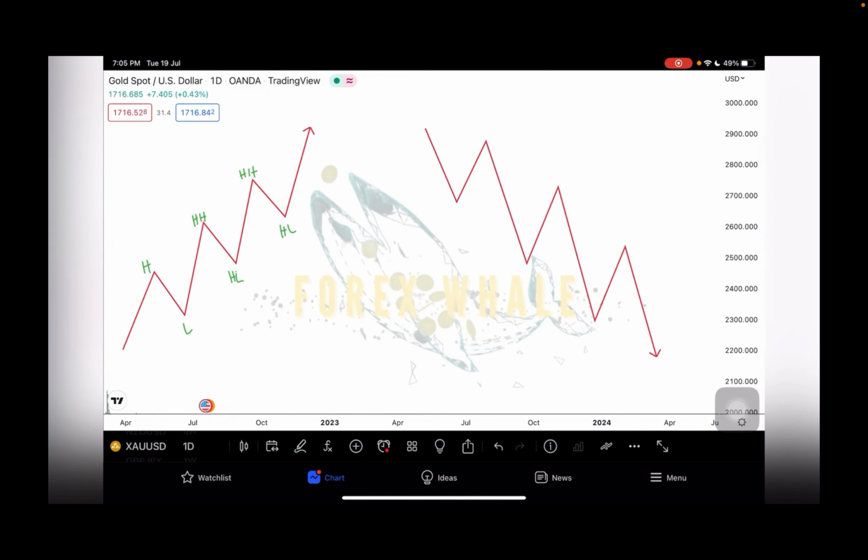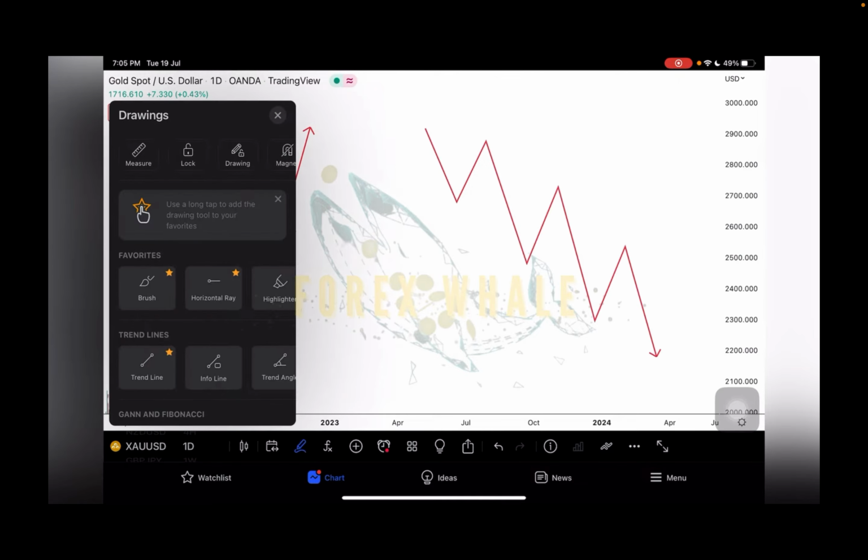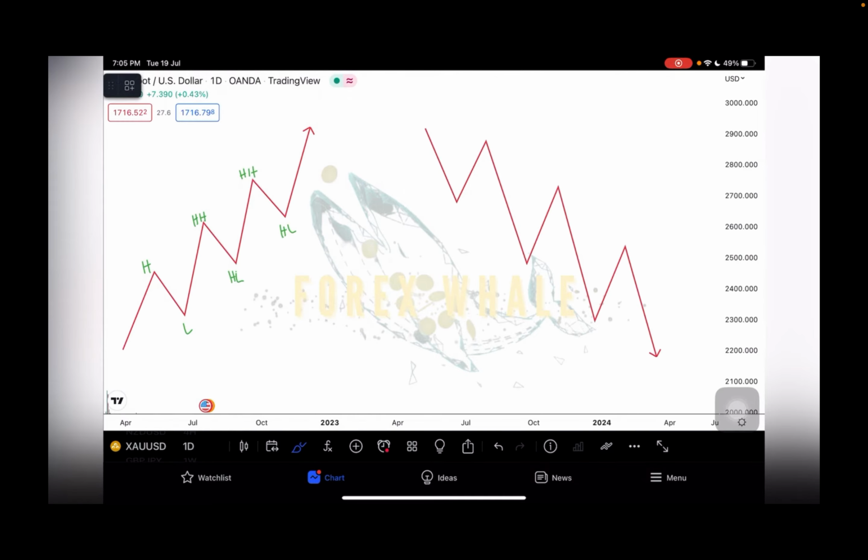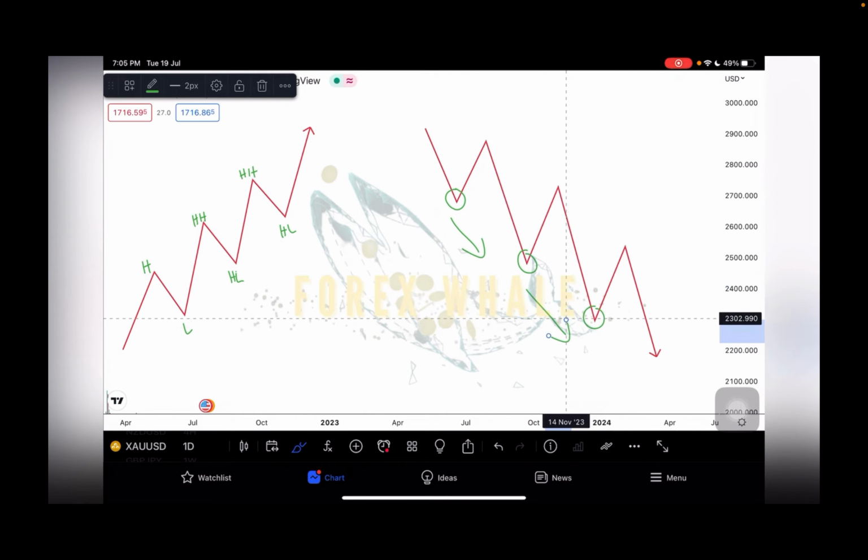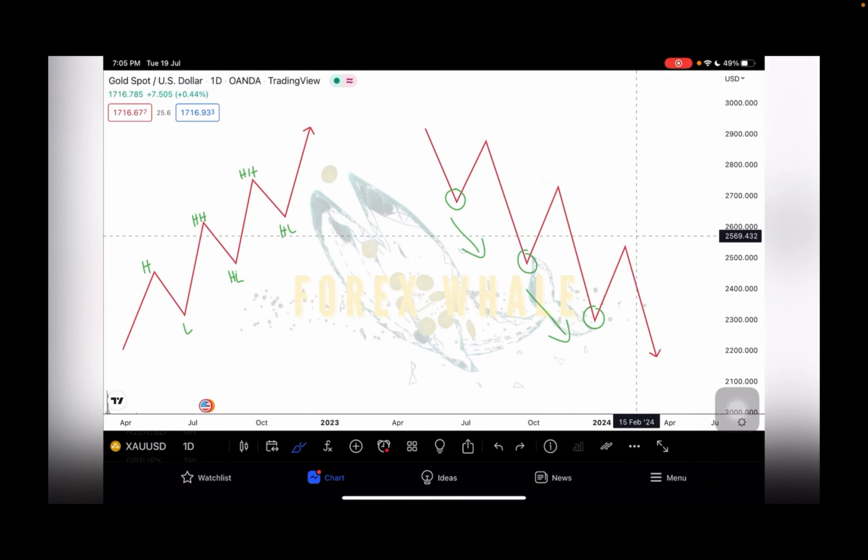Same thing. You see that there's always that creation of a new low. The new low is always lower than the previous low, and the resistance is always lower than the previous resistance. This is an indication that price is on a downtrend. Very simple.